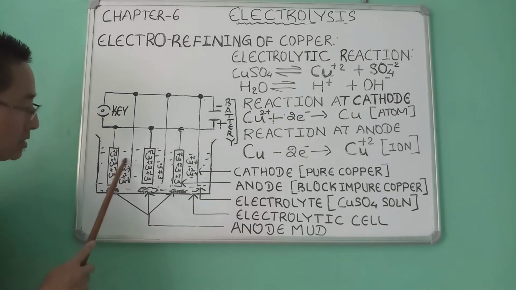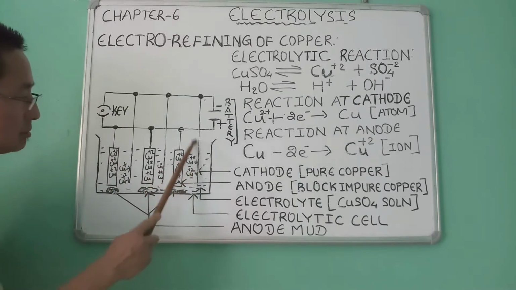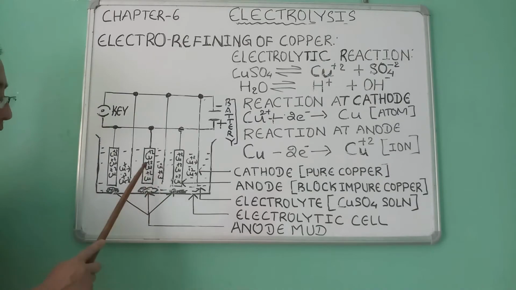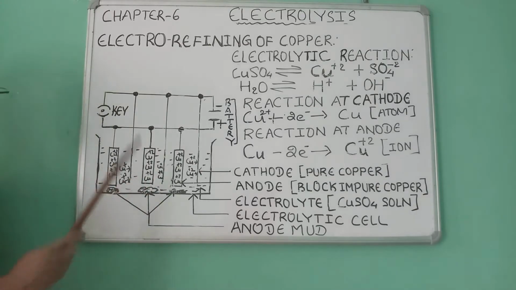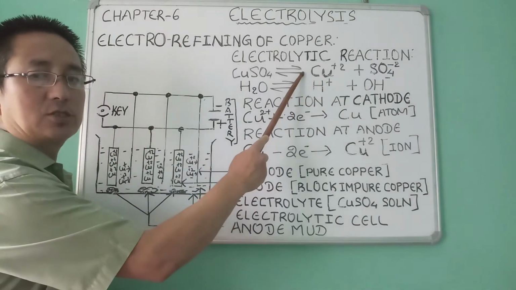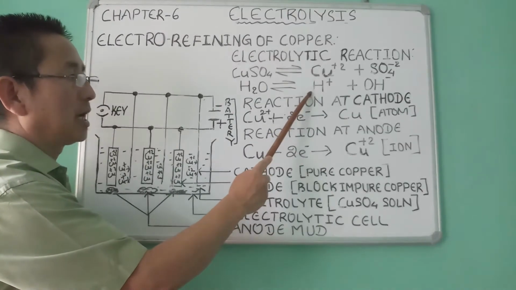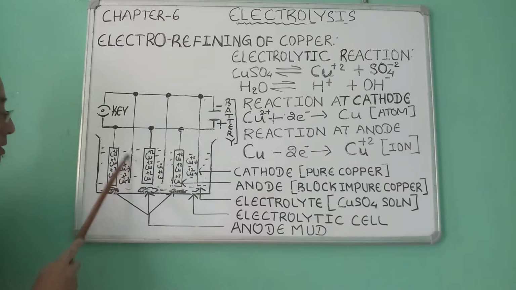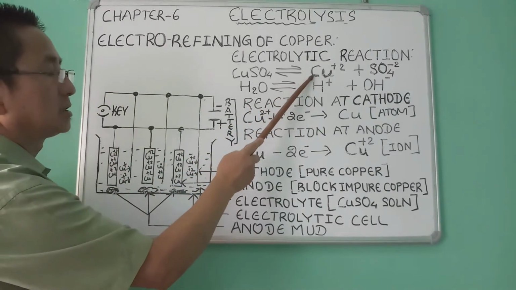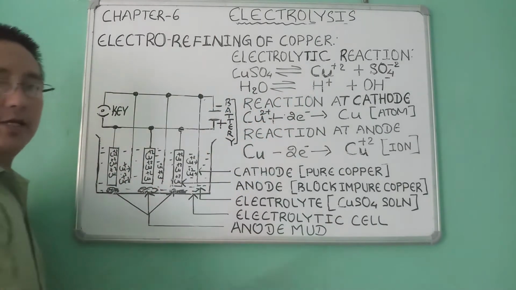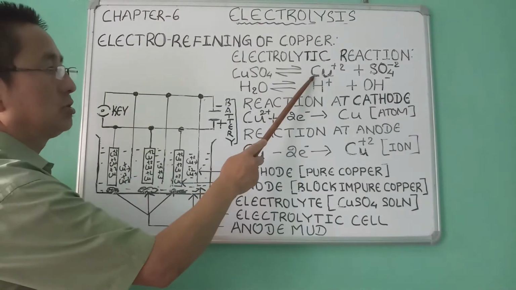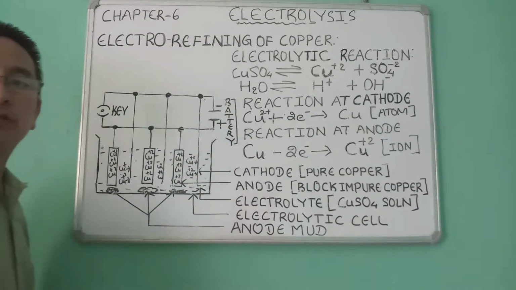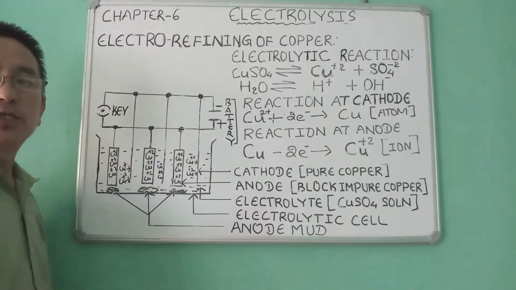All positive ions migrate towards the cathode. All negative ions migrate towards the anode. Here we have two positive ions, copper ions and hydrogen ions. Both of them migrate towards the cathode. Only one of them discharges at the cathode, that is copper ions, because the position of copper ions is lower than the position of hydrogen ions in the electrochemical series.